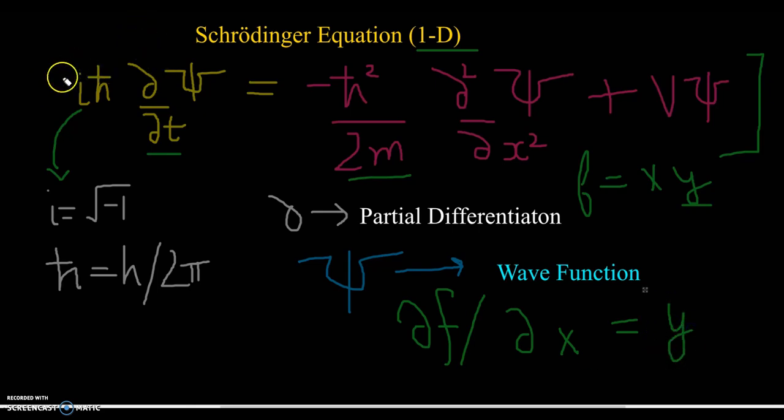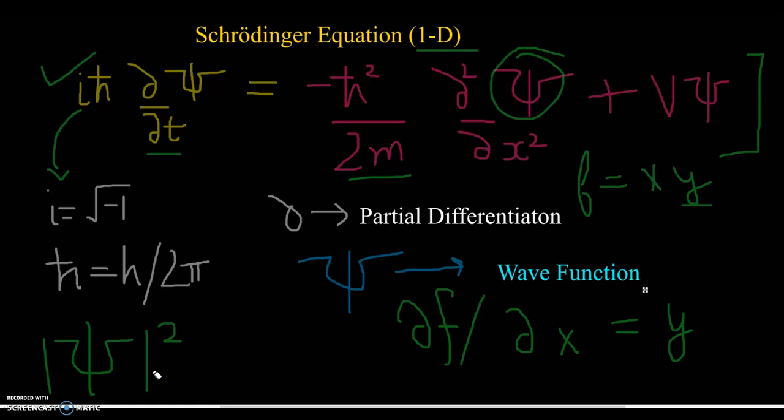Now this is Schrödinger equation, and the aim of quantum mechanics is to solve this equation so as to obtain the wave function for a particle. And wave function is usually a complex function. The square of mod of wave function gives us the probability of finding a particular particle in a particular area.